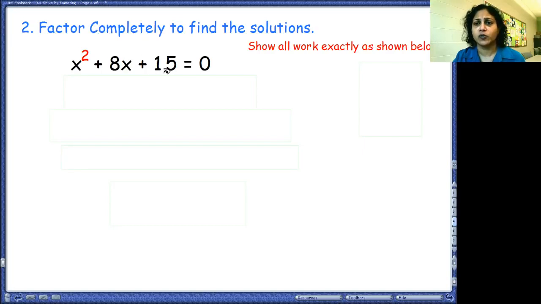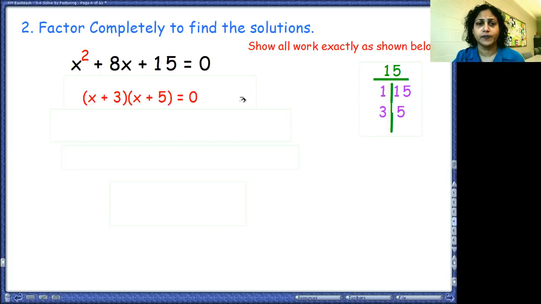Because it's a trinomial, you are going to look for factors of 1 times 15, which is 15, and these are our choices. Obviously the 3 and the 5 work better. If you know how to factor this the quick way, you may, but I'm going to show the long way. The answer is still going to be the same.